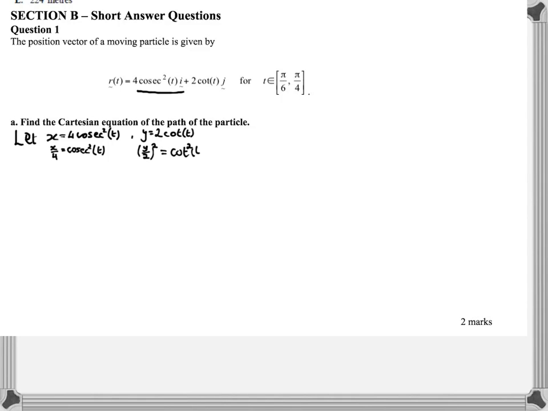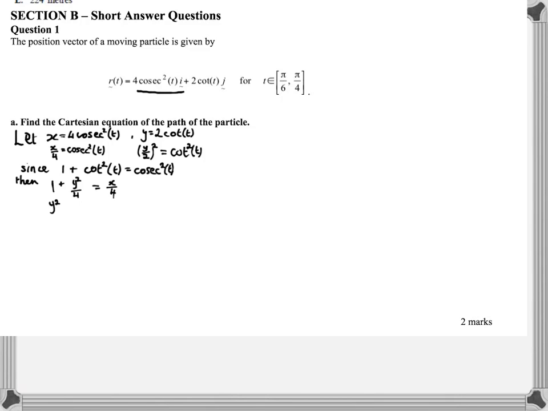Same with the cot function, and then square it, because cosec squared and cot squared relate to each other via this trig identity: 1 plus cot squared is equal to cosec squared. So using that trig identity, we're going to form this Cartesian equation by doing the substitution.